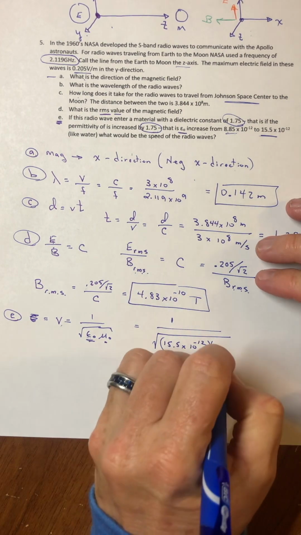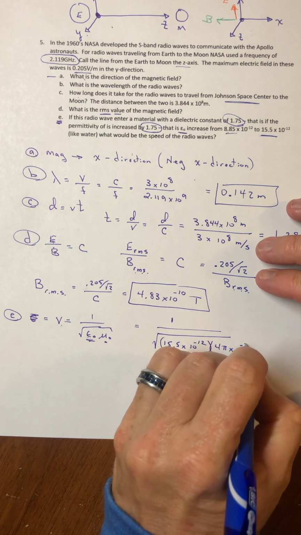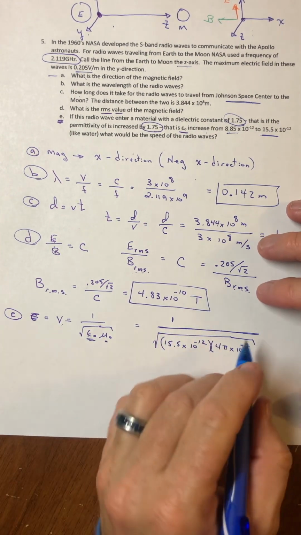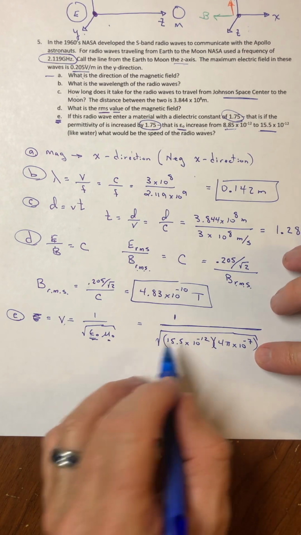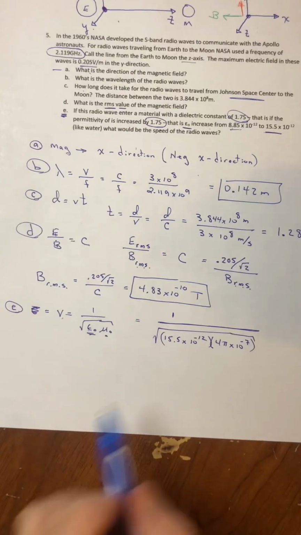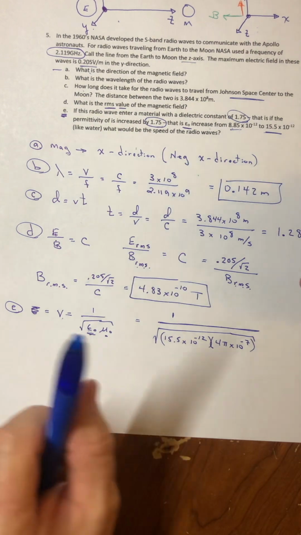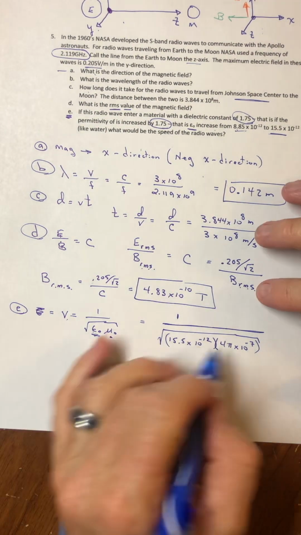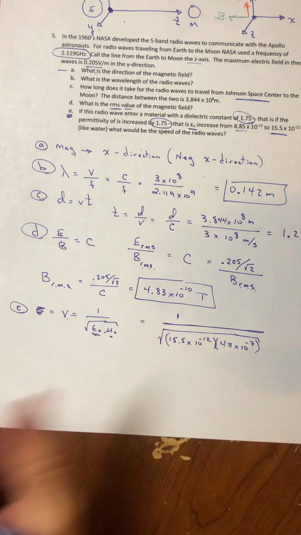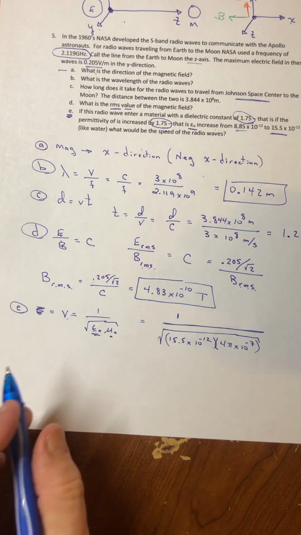And then the permeability is the 4 pi times 10 to the minus 7, so the magnetic effect is unaltered. Only the electrical effect. Water, as you know, is polar and does have an effect on the electrical. It would also have a lot of other effects on these radio waves, but this is about as much as we could really digest based on what we learned and as far as we got.